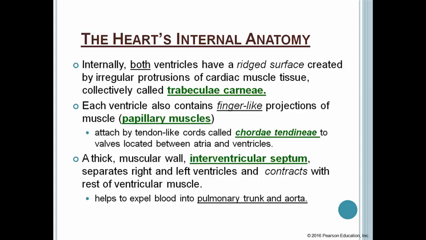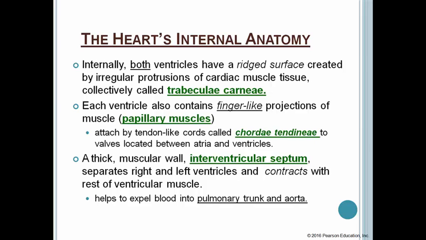As far as internally, the ventricles have a ridged surface in the lining of the chamber, where cardiac muscle tissue has these irregular protrusions that are called trabeculae carneae. So the trabeculae carneae is in the walls of the ventricles. They also, off of the wall, have these finger-like projections from the surface of the chamber that are known as papillary muscles. Each papillary muscle has a set of tendon-like cords that are known as chordae tendineae.